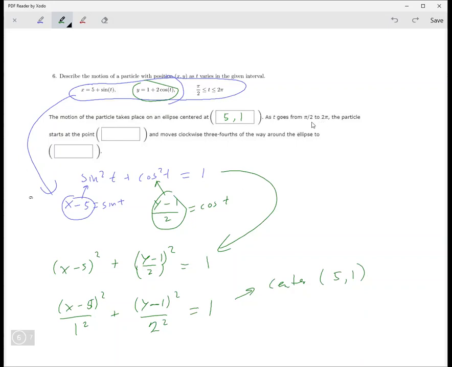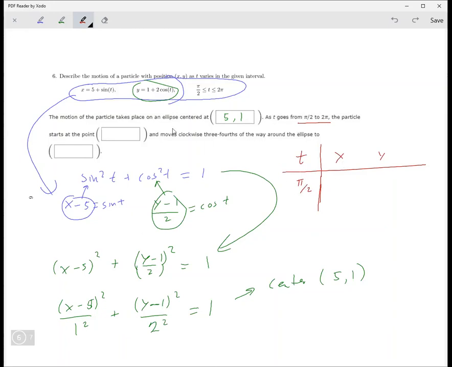And as t goes from pi over 2 to 2 pi, to do this part, you put the starting point in. This is t, because the parameter is t.